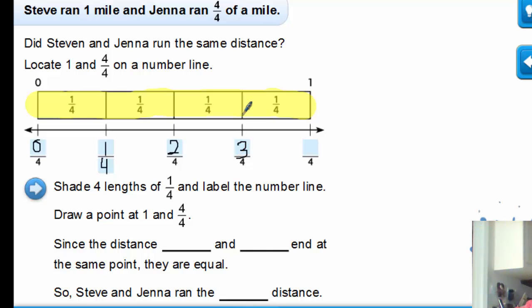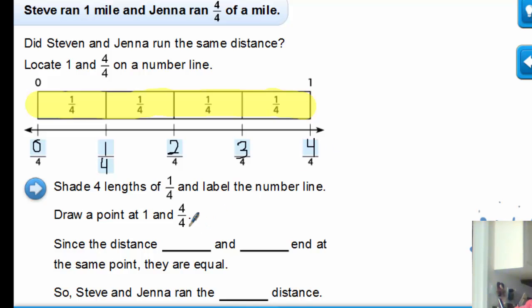Good. 3/4 is right here, and then we keep going. There's 2/4, and then here's 3/4, and what is our last point? That's right, 4/4. So look at that. We're locating 1 whole right here, and 4/4 right here on a number line.